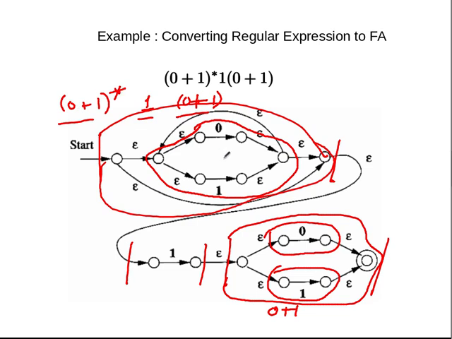So in this way, if I'm given a regular expression, you can break it down according to the operator, and using those graphical construction techniques, you can construct a finite automata for that. So this will be an epsilon NFA. So you can convert this to an NFA without epsilon transitions.